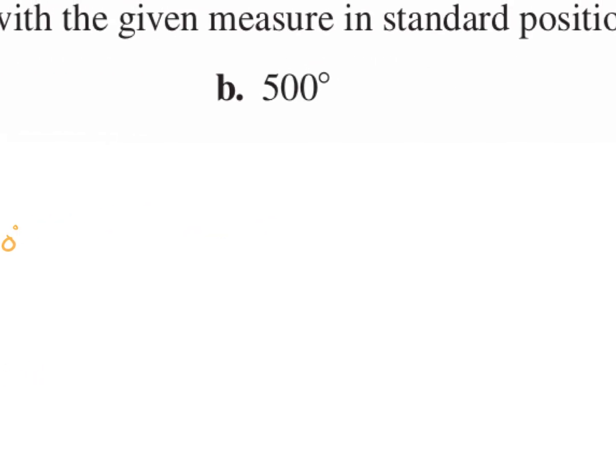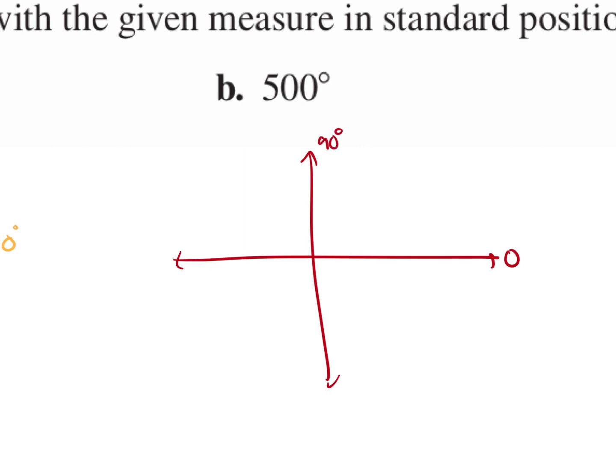All right, for B, we have 500 degrees. So we've got 0, 90, 180, 270, 360. So where would 500 be? So we would have to go all the way around and more. How much more are we going to have to go?